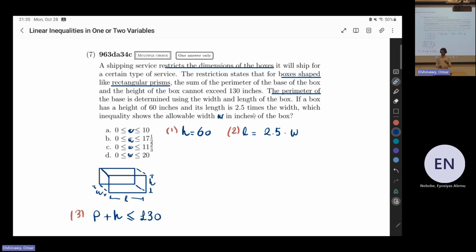Okay, so we need to find an inequality in W. So we remove everything else, and we just place in W. Now, do you have some idea on how to combine these three facts? You don't need to combine them all at once. It's not some sort of magic, you just need to start slowly. And there's an easy way to start with this.